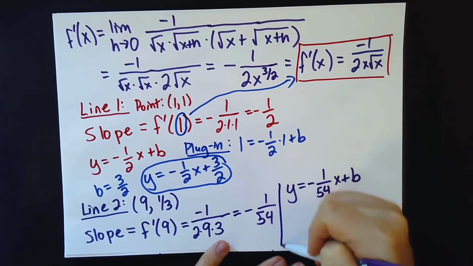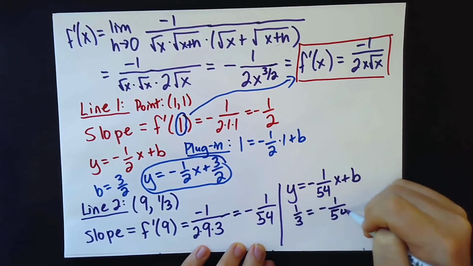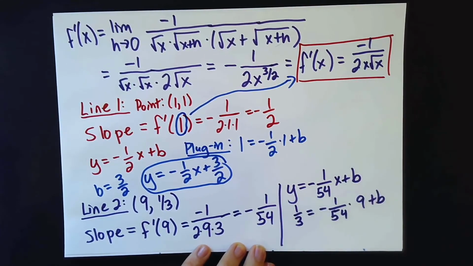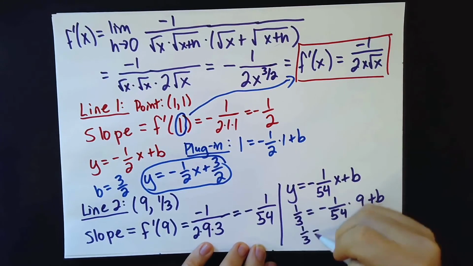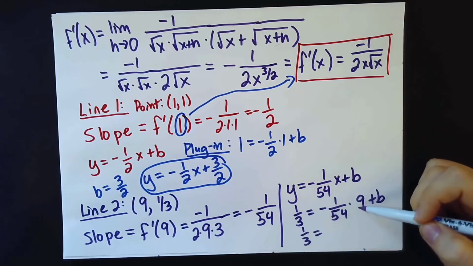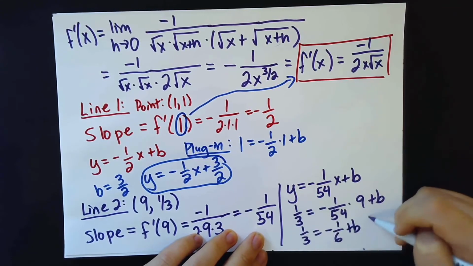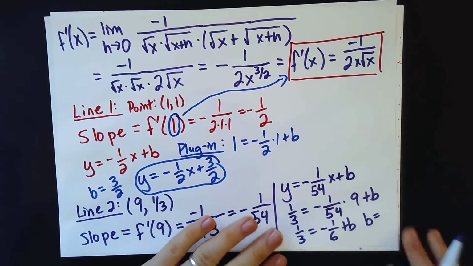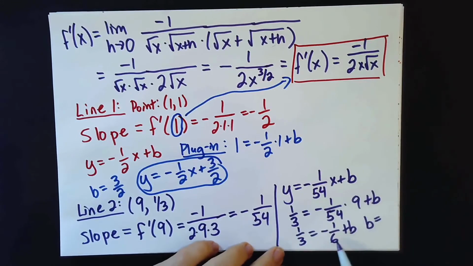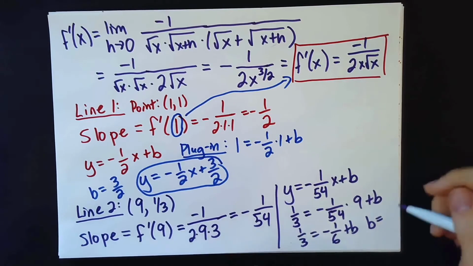We can again plug in our point. Minus 1/54 times 9, that is minus a sixth. And so b is 1/6 plus a third, which in fact is 1/6 plus 2/6, which is in fact a half.